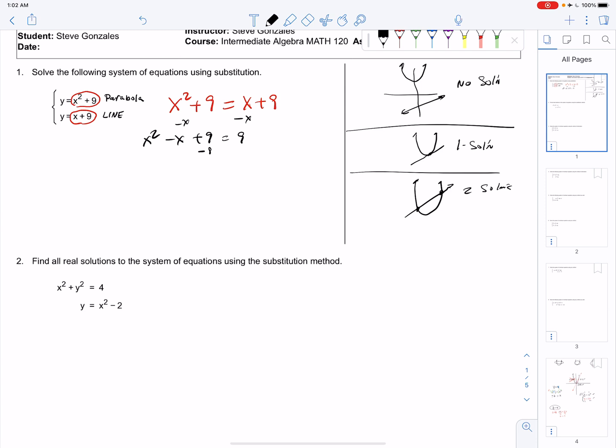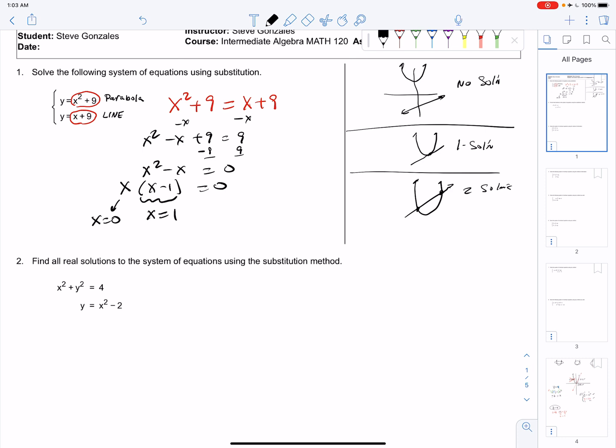Of course, we subtract 9 on both sides, and we end up getting x squared minus x equals 0. We can factor out an x, so we get x times x minus 1 equals 0. Set each factor equal to 0, solve. And we get x equals 0, or we get x equals 1.